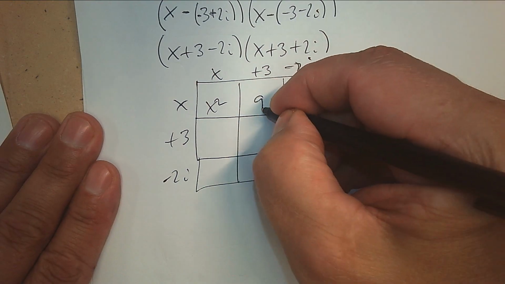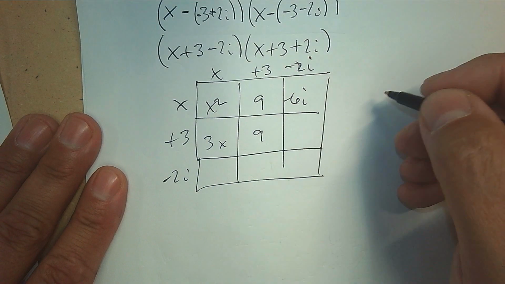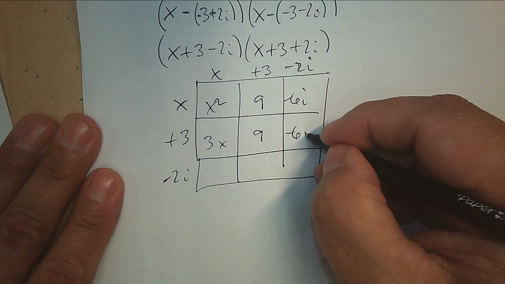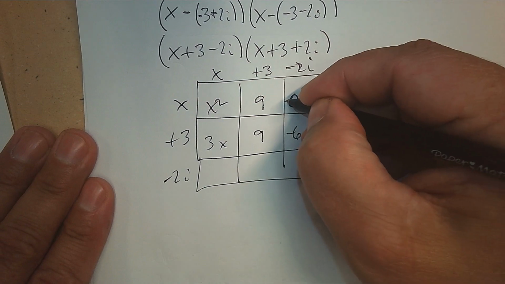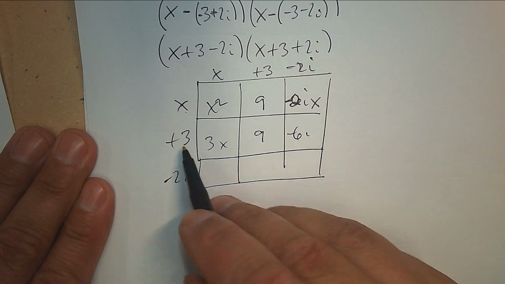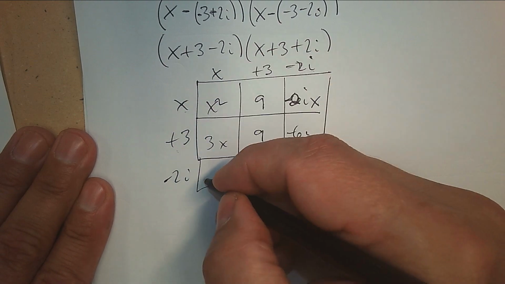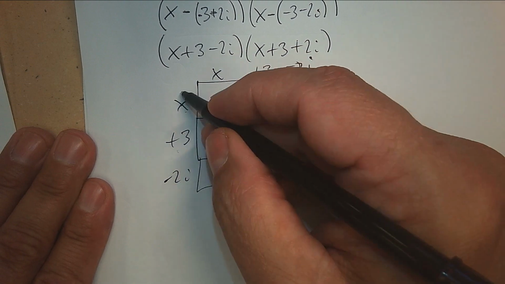Some things are going to cross out, thank goodness. Oh, this is negative 2ix. I don't know what I was doing. Here is negative 6i. What am I doing?